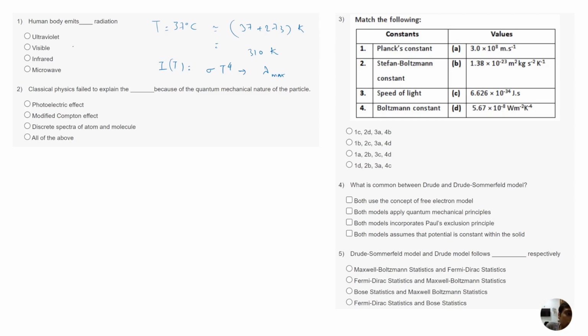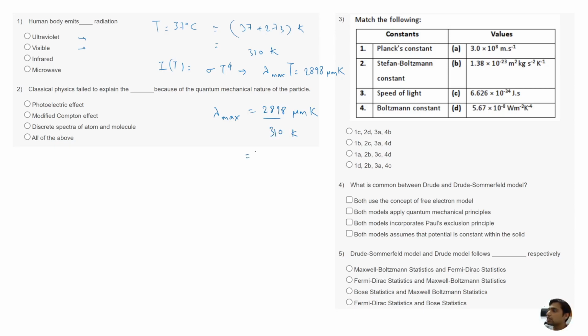But what we want is to determine at which wavelength. Let us do this: lambda max T. This is Wien's displacement law, 2898 micrometer Kelvin. So lambda max equals 2898 micrometer Kelvin over T, where T is 310 Kelvin.